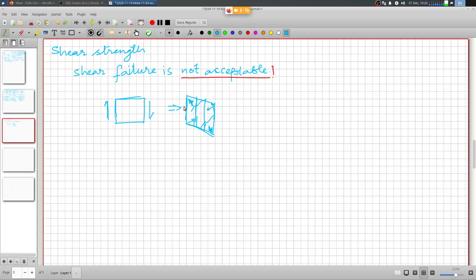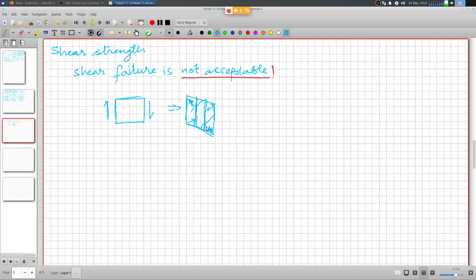If these shear stirrups are not closely spaced, then you will find tension cracks appearing all over the cross section, and sooner or later the section is going to fail in shear. This is what we call the truss analogy.